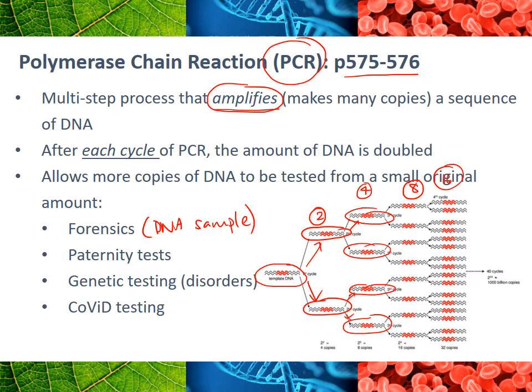It is what is being used for the COVID tests. Some of you may have had a COVID test by now, where they put a cotton swab up your nose and they scrape and get some cells. From that, they extract a little bit of DNA and then make lots of copies of it and test to see if the viral coronavirus genome is in there. So that's some of the examples of what it's used for.